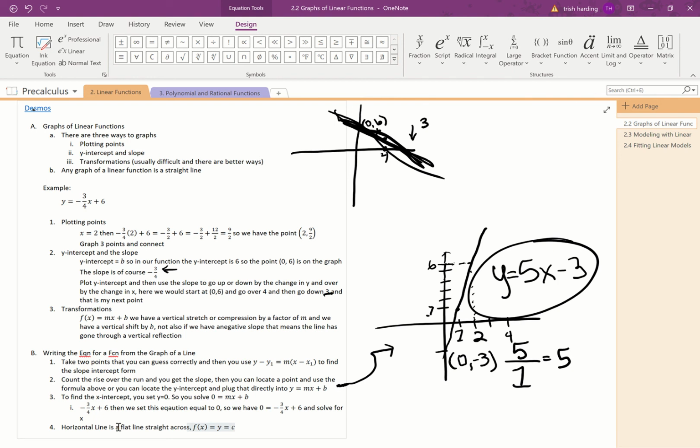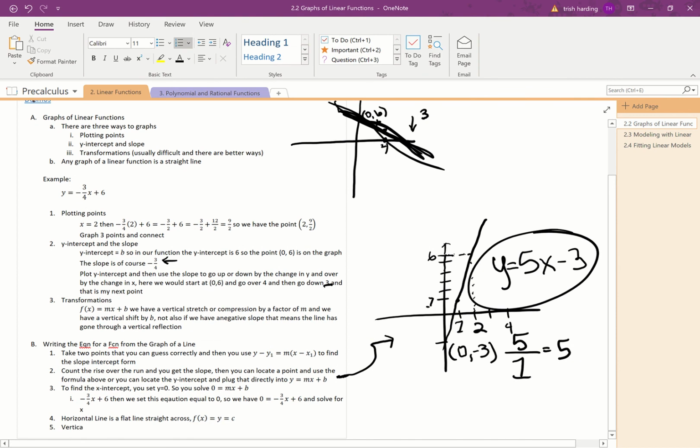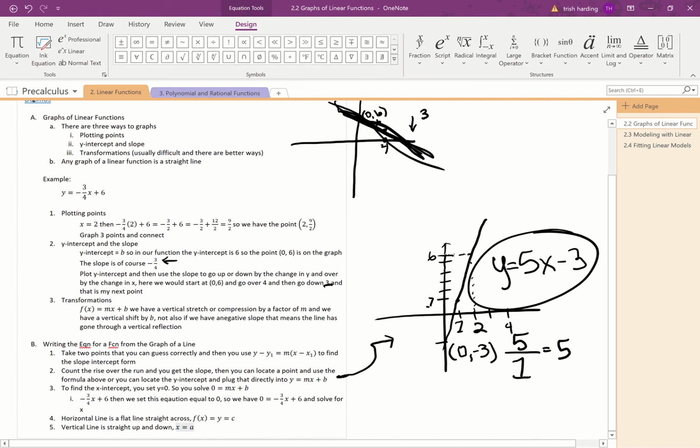And the reason I wrote f of x equals y equals c is I just wanted to remind you guys that f of x is y. So a vertical line is straight up and down. Let me fix that. So that we get x equals a. X equals some number.